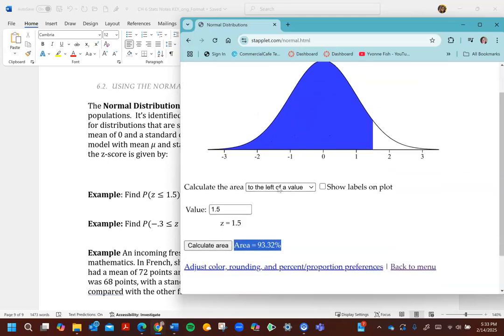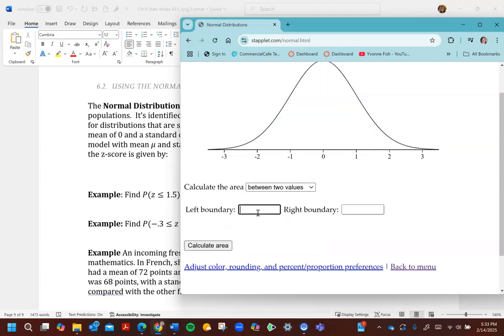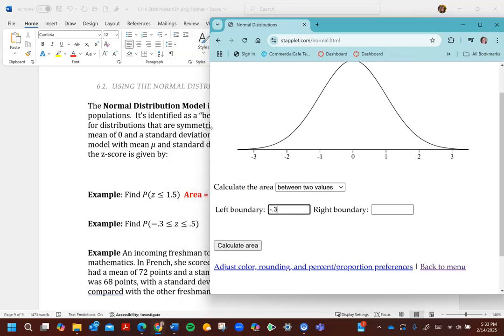But instead of calculate area to the left, we need it between two values. And our left boundary is negative 0.3, and our right boundary is 0.5. And I'm going to calculate area.